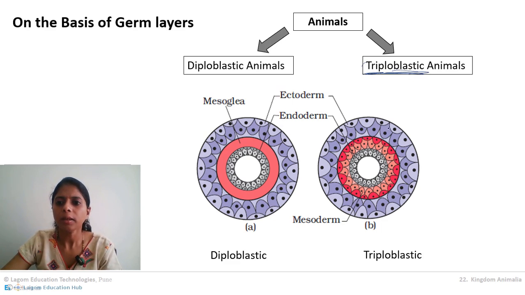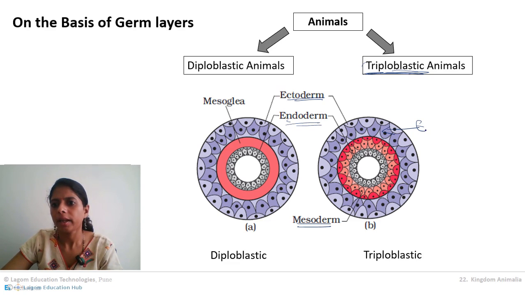See here, blue colored cells you can see. This is ectoderm, already named here. In the middle, red colored and pink colored cells you can see. Those are basically mesodermal cells. And the inner blue colored small layer you can see, that is the endoderm in this triploblastic animal.